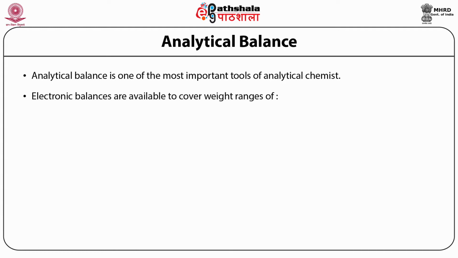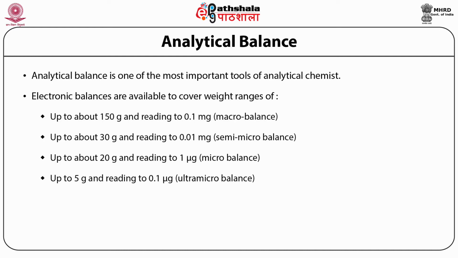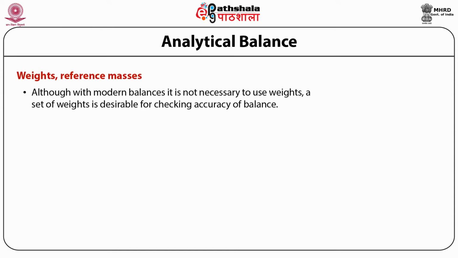Electronic balances are now available to cover weight ranges of 150 gram to 0.1 microgram. Thus, a wide variety of analytical balances are available. Although with modern balances, it is not necessary to make use of a weight box in the weighing process, a set of weights is desirable for checking accuracy of balance.